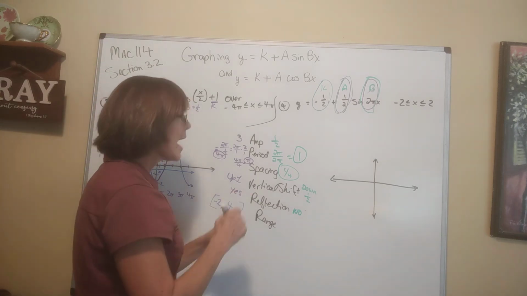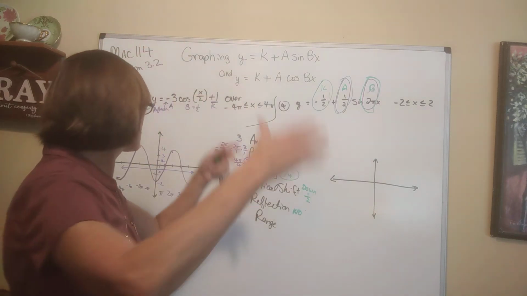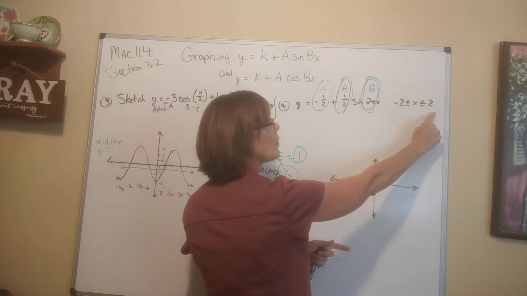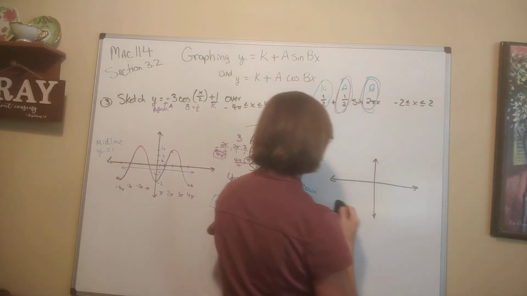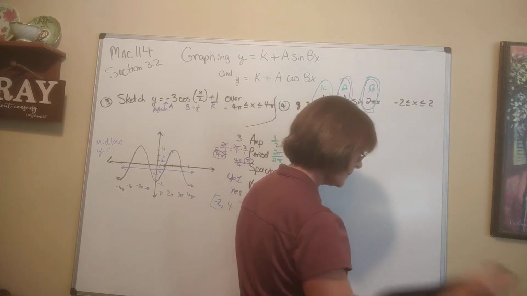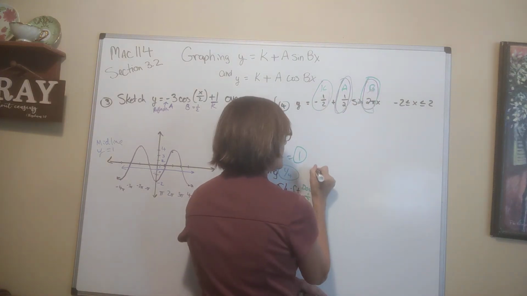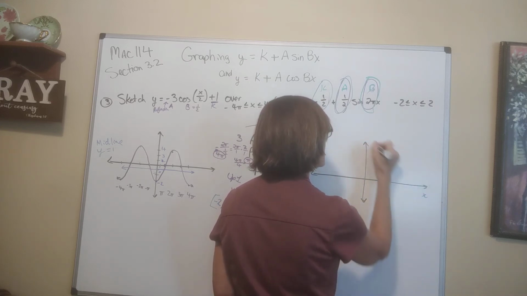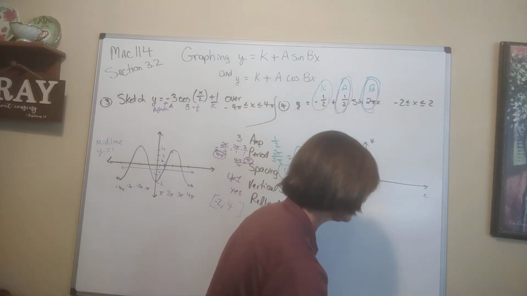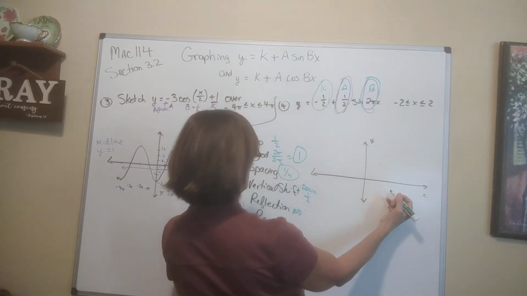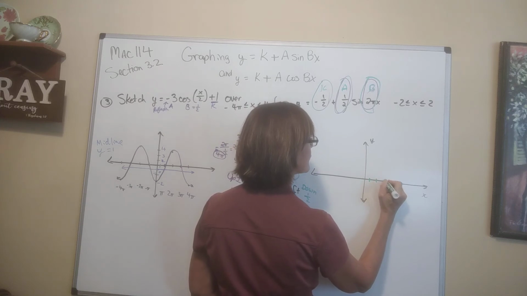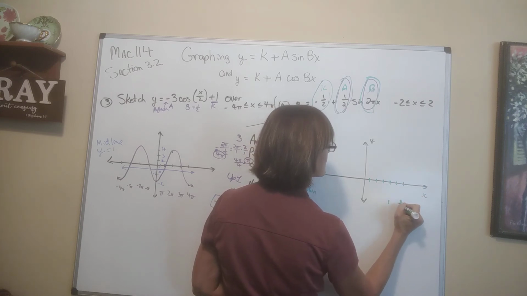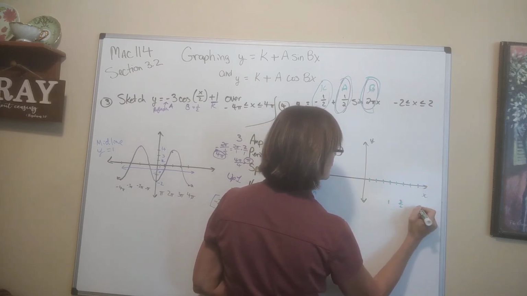Okay, so here we go. How do we begin? We begin by splitting up our x-axis. So we're going to split it up into 1/4. We have to go all the way to 2 and all the way back to -2. So I might need to make this longer. So let me see. Alrighty, here we go. 1/4, 1/2, 3/4, 1, 5/4, 3/2, 7/4, 2.